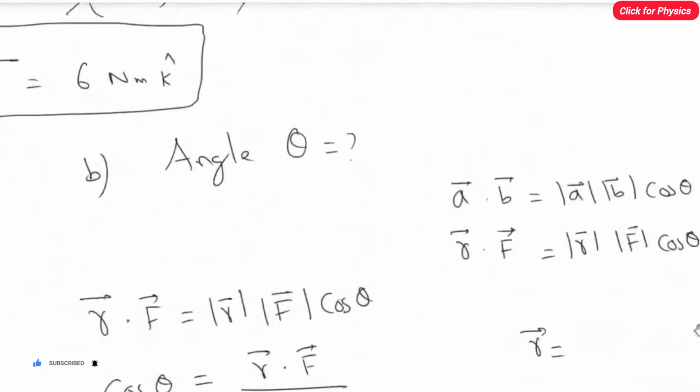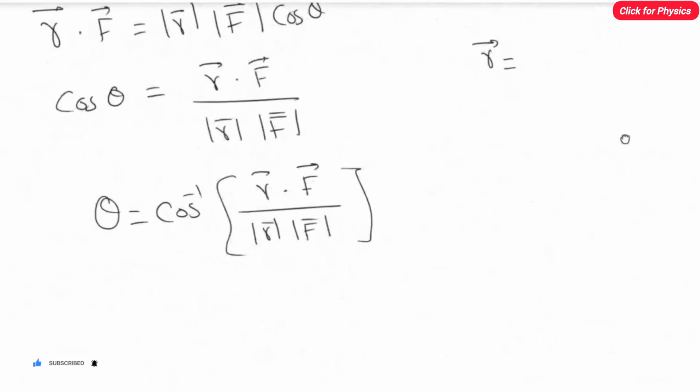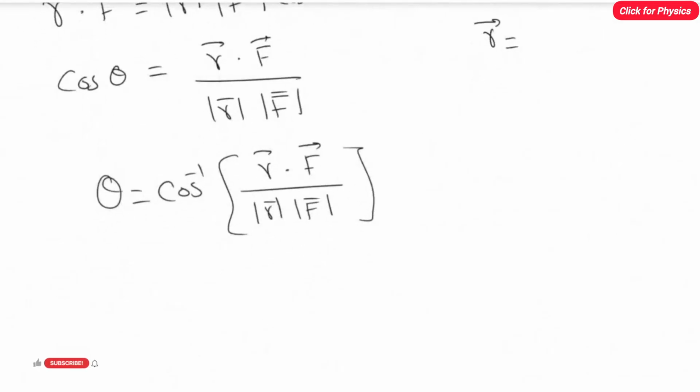Let me write this here so we can easily find r dot f. First, the r vector: minus 3 meter i cap plus 1 meter j cap, and then the f vector: 6 Newton i cap minus 4 Newton j cap.